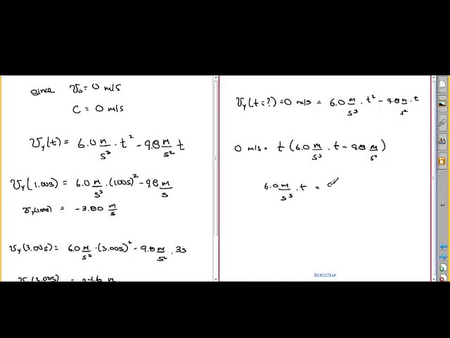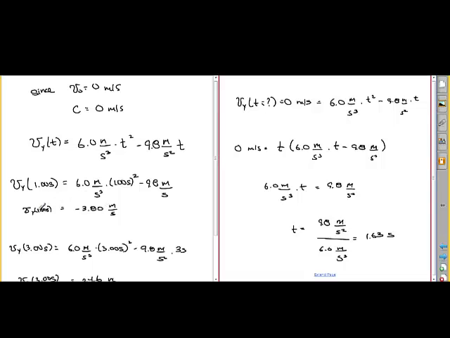and what I'm going to do is just move this to the other side, so you get 9.8 meters per second squared, so the negative becomes positive. I set this equal to 0, and you can see that t is going to be 9.8 meters per second squared divided by 6.0 meters per second cubed, and you get whatever that ratio is, 9.8 divided by 6, and you get 1.63 seconds.